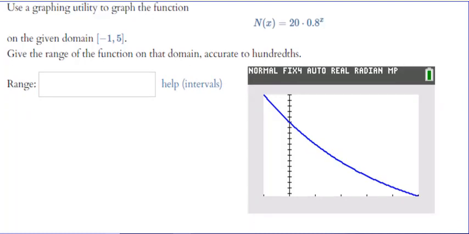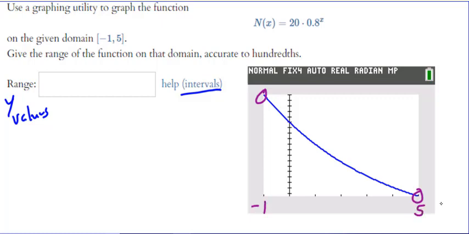When we do the range, we're looking at the y values, right? And when we put them in intervals, it should be smallest comma largest. So we want to get this point there and that point there. That's when x is -1 and x is 5.